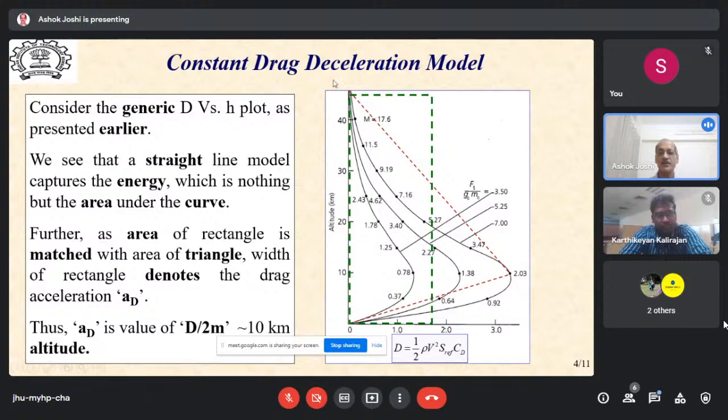So what we do is we try to find out the extent of energy that is contained in this plot. Now this energy is actually a loss because drag is in the direction opposite to your motion. So obviously this will represent a loss.